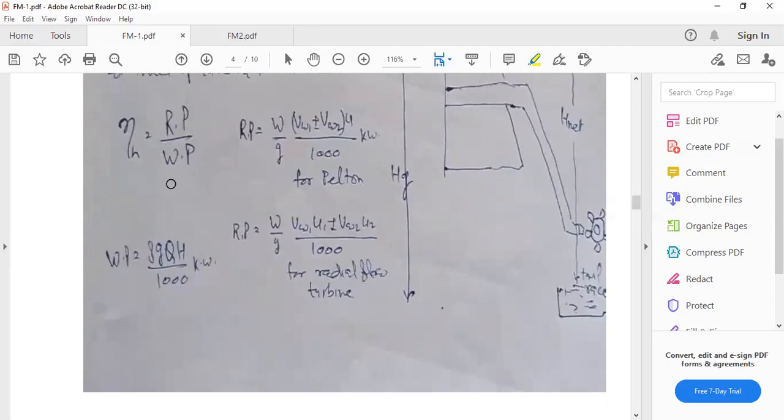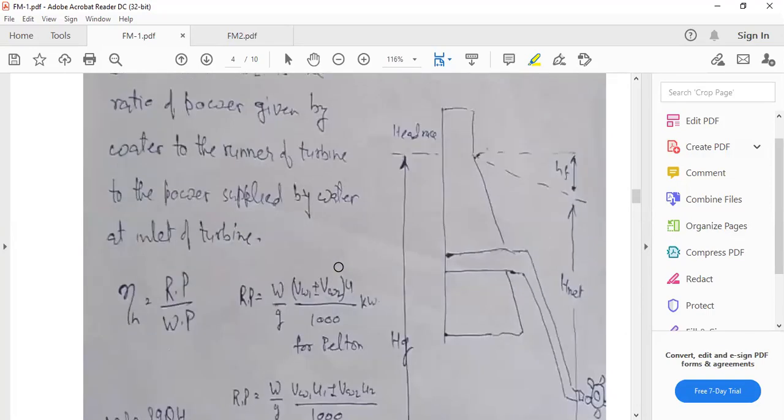And water power is given by Wp equal to rho g Q H upon 1000, where rho is the density, g is the gravitational acceleration, Q is the discharge, and H is the net head. So this is the formula for water power, Wp equal to rho g Q H upon 1000, and this is the formula for runner power, Rp equal to W by G, (VW1 plus minus VW2) into U, upon 1000. For radial flow turbines, U is different, so we take (VW1 U1 plus minus VW2 U2) upon 1000.